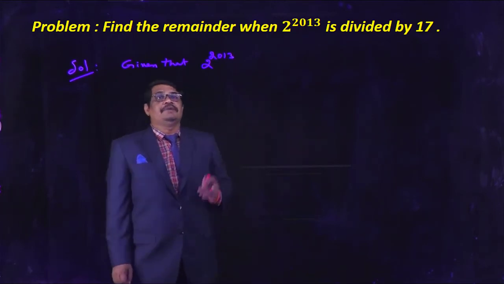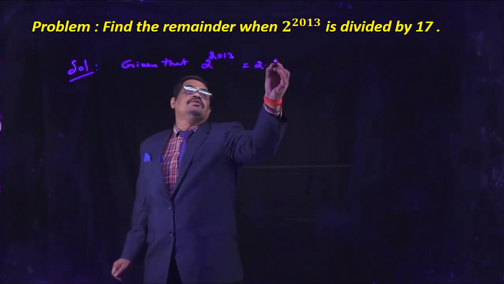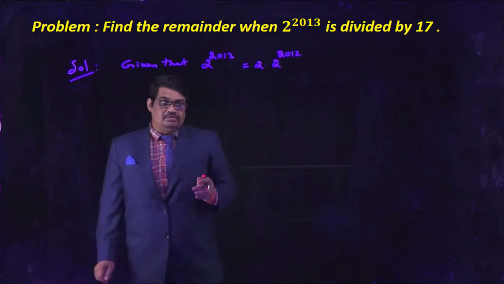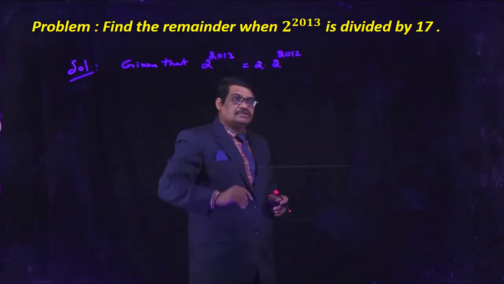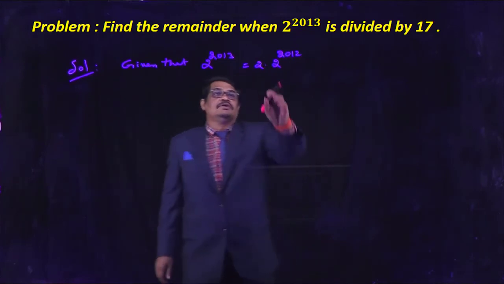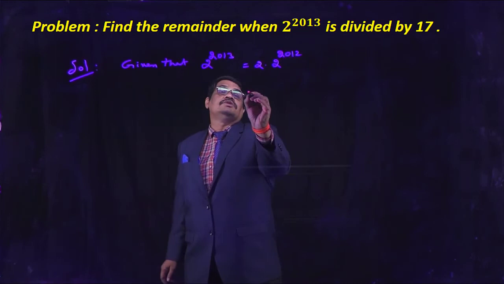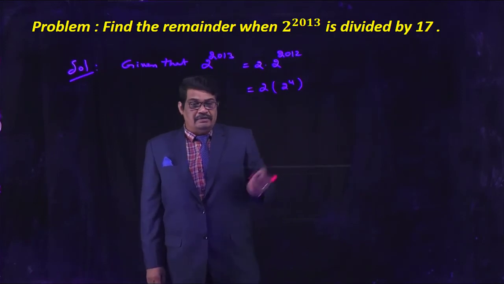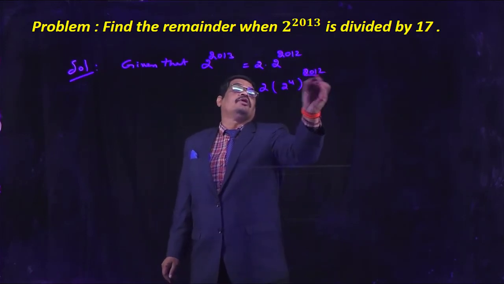Now this number can be written as 2 into 2 to the power of 2012. We write the 2 first, and the remaining term is 2 to the power of 2012. Now this can be written as 2 into 2 to the power of 4, multiplying and dividing in the exponent by 4, that is 2012 by 4.